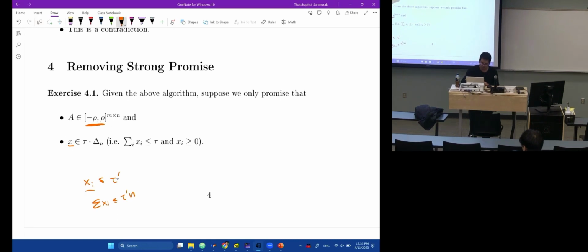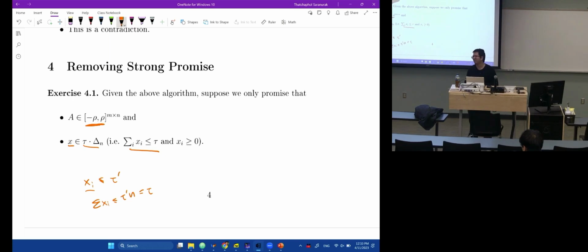So let's set tau prime times n to be tau. You still know that the sum of x_i is at most something. There is no promise, but you can give some bound on each entry of A and the sum of x_i.